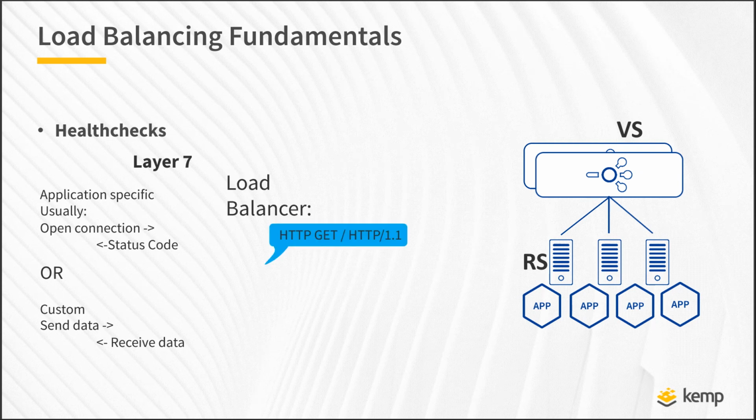The load balancer is going to send its TCP handshake, the SYN, SYN-ACK, and ACK. And then it's going to send its HTTP request. In this case, HTTP GET / HTTP/1.1. This is a very standard HTTP request to get the page for a web server.